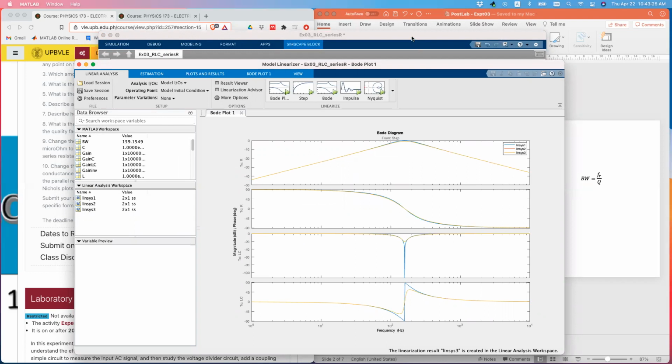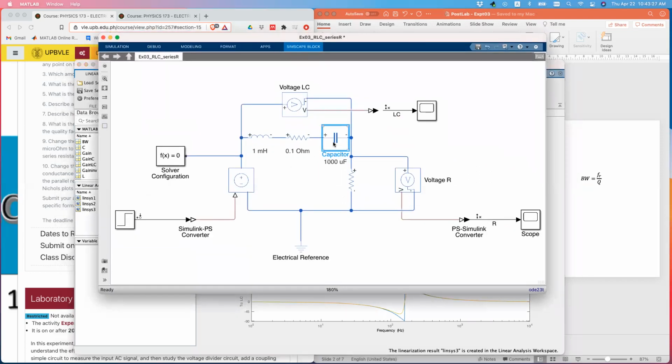And ang sinasabi rito is sa properties ng capacitor, napalitan yung series resistance. So which means na is it the same as changing or just simply adding a resistor in series with the capacitor? And the answer is yes. So you are modeling actually yung error na yun.